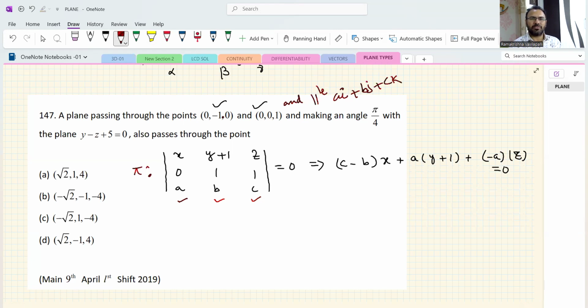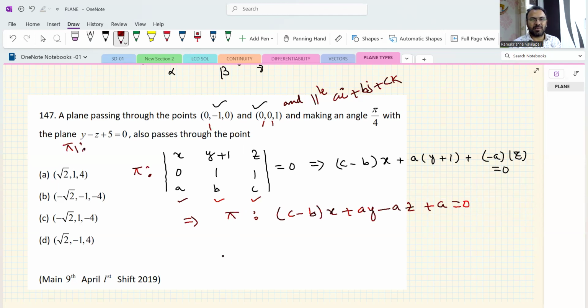X minus 0, y plus 1, z minus 0, 0 minus 0, and 0 minus of minus plus 1, etc. I wrote that and I have expanded it. We got the plane, that plane pi: c minus b into x plus ay minus az plus a equal to 0. Now this plane makes an angle 45 degrees with another plane pi 1.